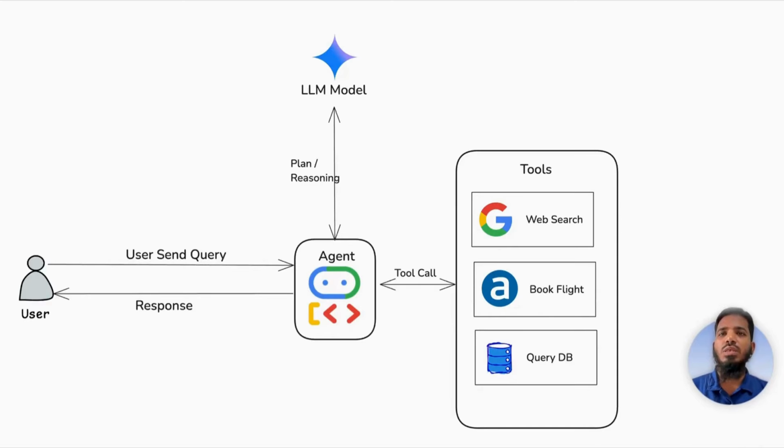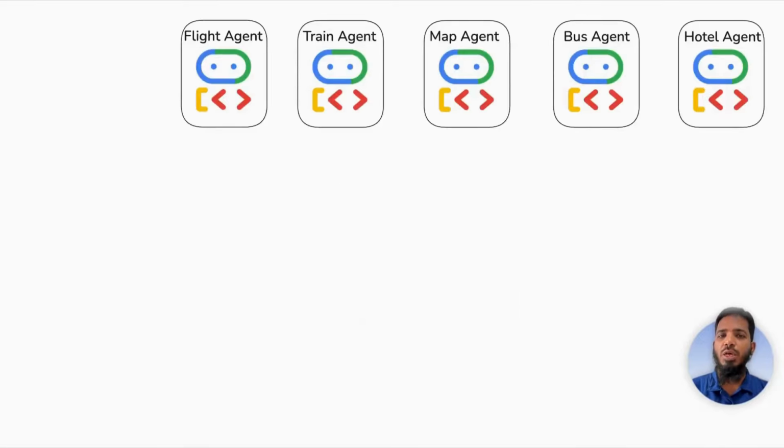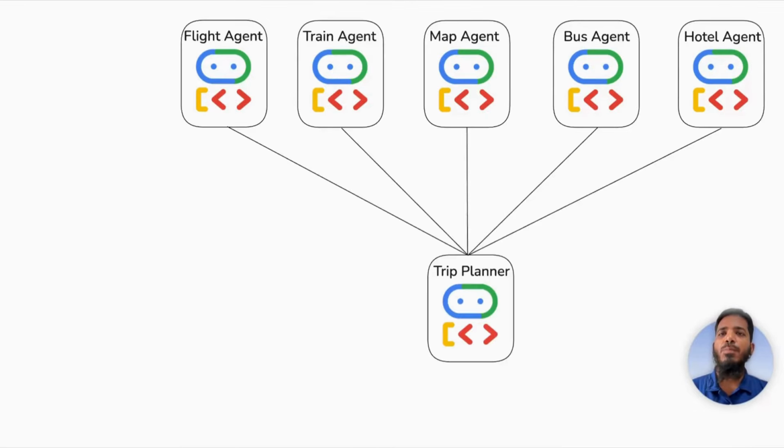Putting all of this into one single agent might not be feasible. It would be better to split it into separate agents, one for each domain. So we can have a map agent, train agent, flight agent, bus agent, and hotel agent. And then we have a parent agent which collaborates between all of them, which we are going to call the trip planner agent.